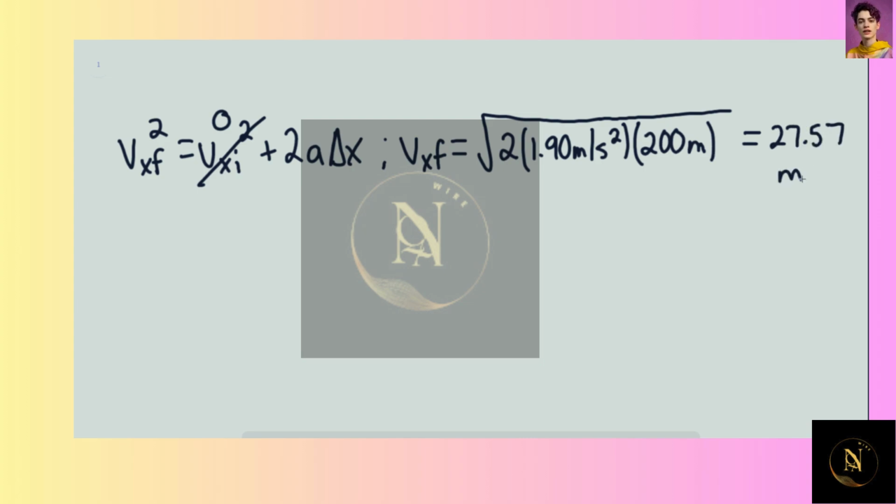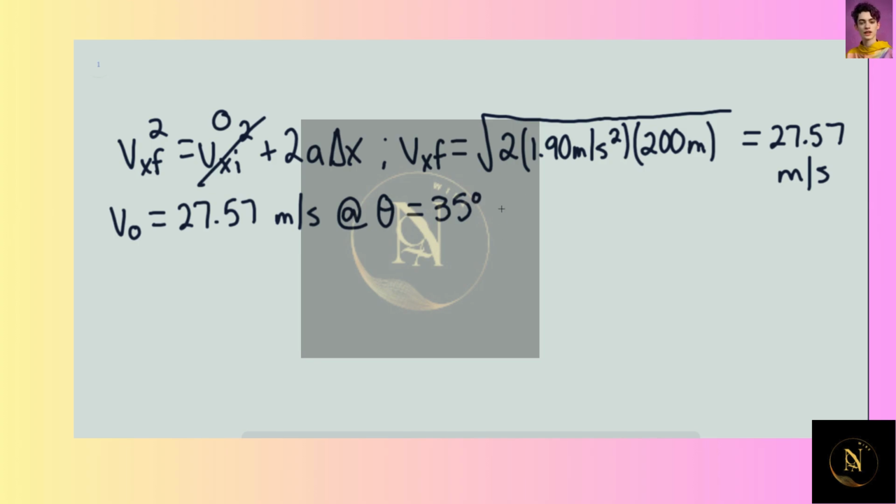And this is giving us 27.57 meters per second. This would be the initial velocity, 27.57 meters per second, at an angle theta equaling 35 degrees above the horizontal. And so now we can say that it is going to be at a vertical height.